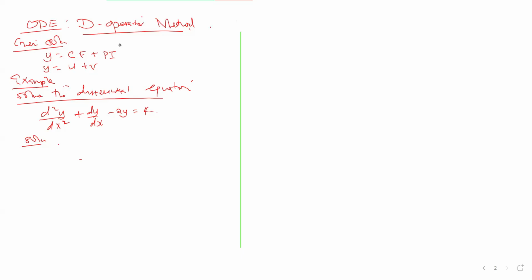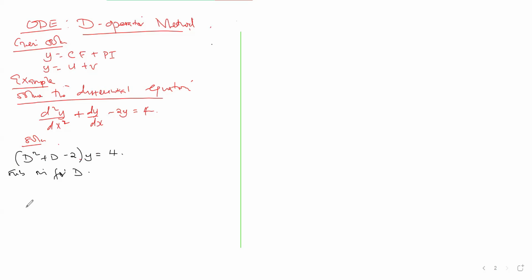So we shall have it as D squared plus D minus 2, then y, equals 4. Then we substitute m for D to solve.